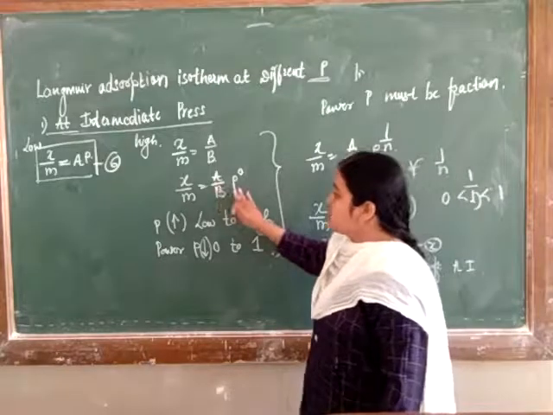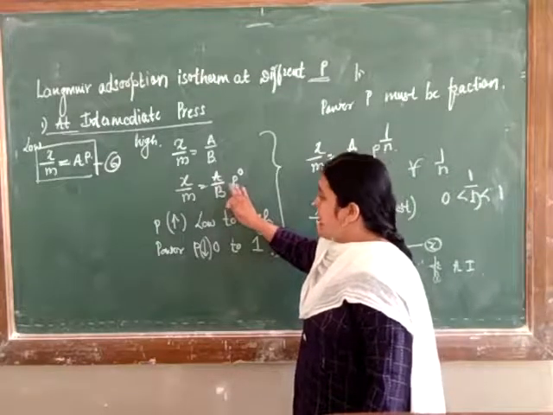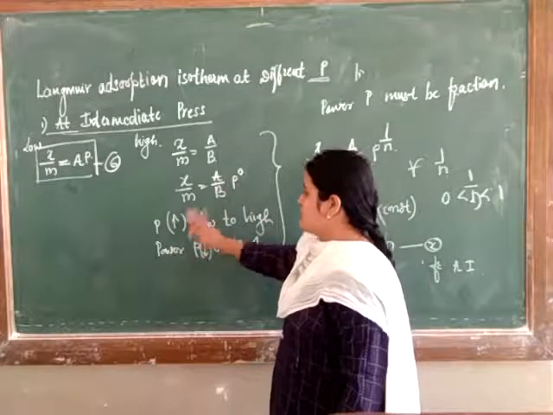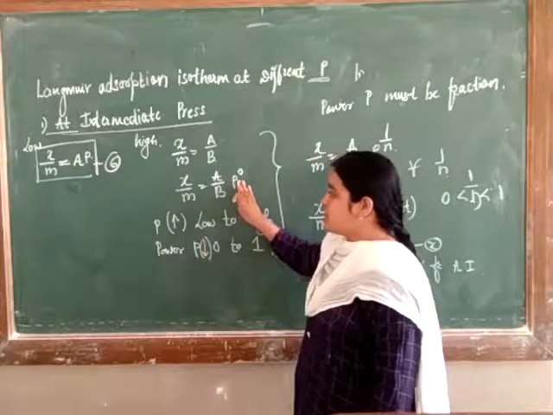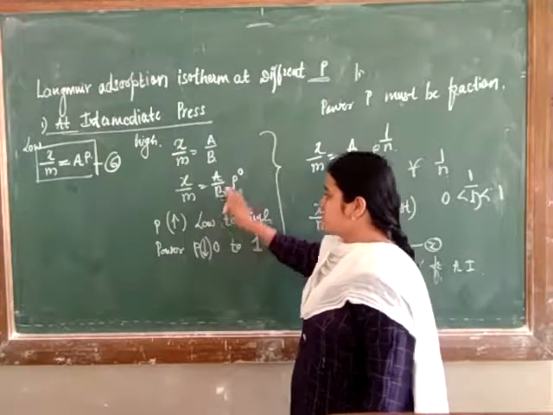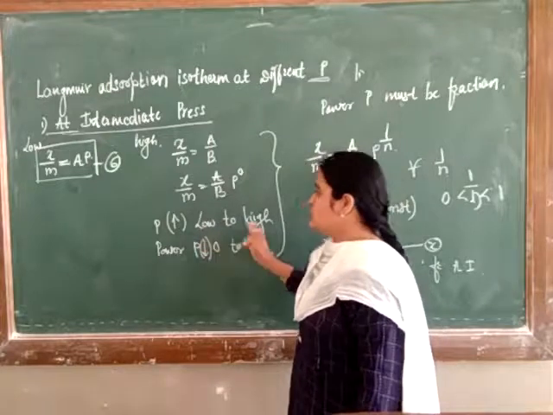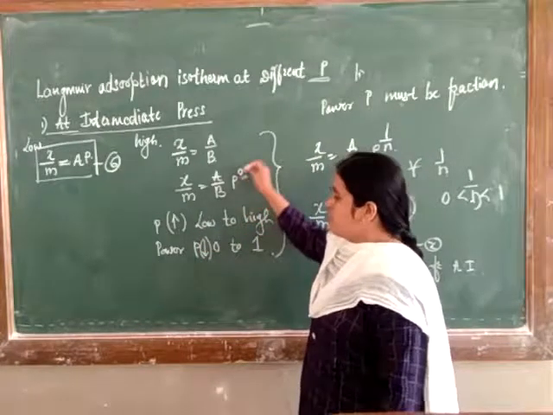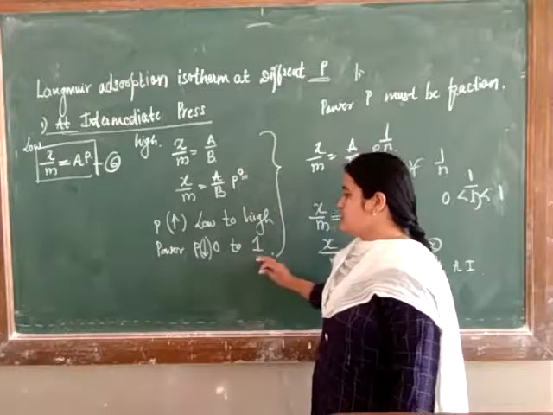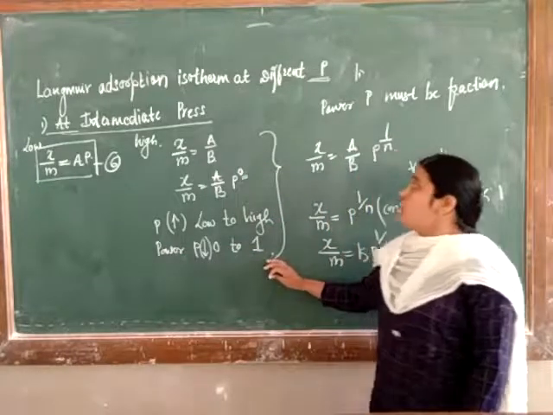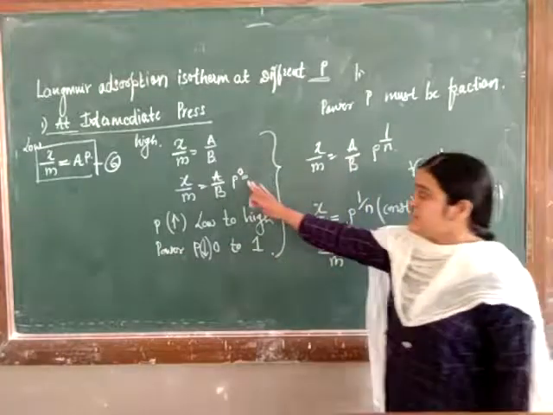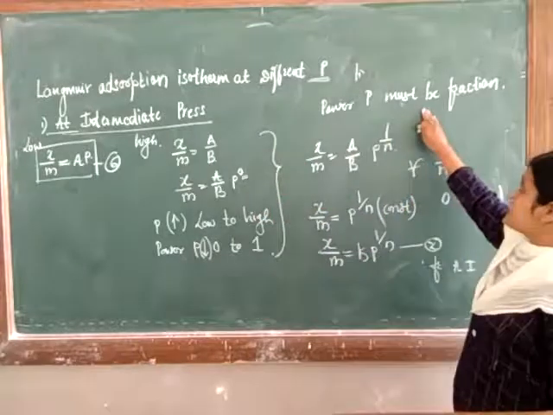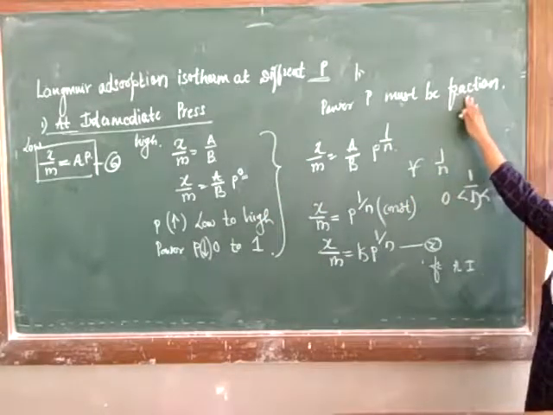So what we have to see here is that when the pressure increases, passing from the low to the high case, the power of P decreases from 1 to 0. So the power of P must be a fraction.